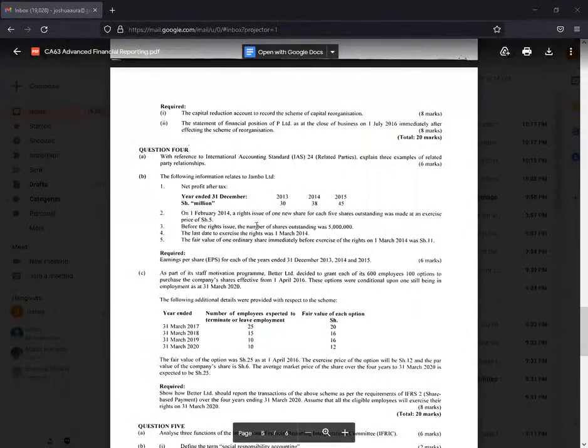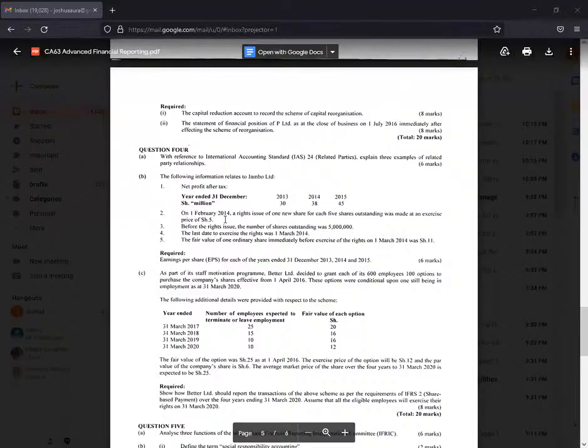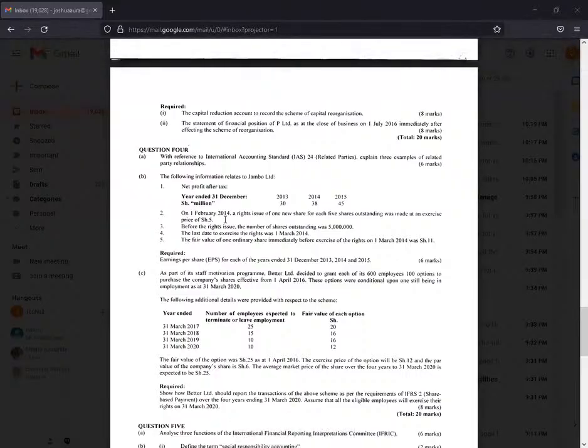You can see the year is ending 31st December. You are told that on 1st February 2014, a rights issue of 1 new share for each 5 shares outstanding was made at an exercise price of 5. So, ladies and gentlemen, this is a transaction that took place in 2014. It will not affect us in 2013. We go to note number 3.